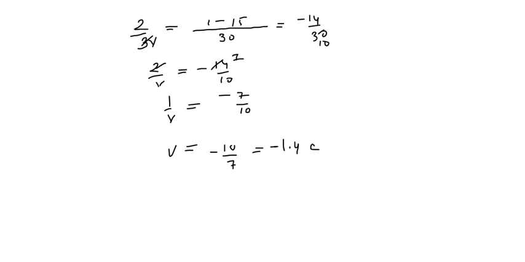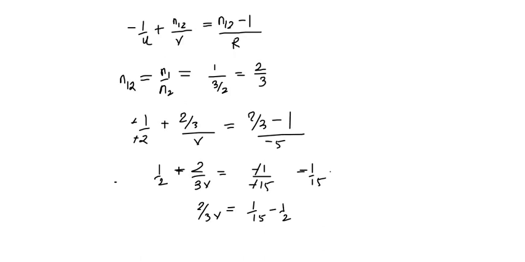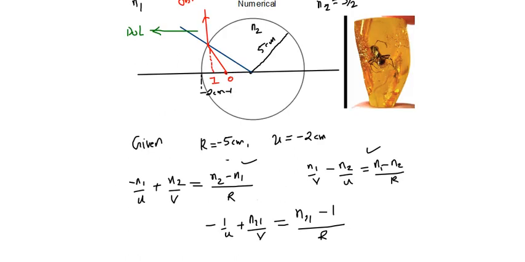Let us go back to the diagram now. So this distance is how much? Yes, we are right. Our maths is extremely correct. This is minus 1.4 centimeter. If our maths was wrong, we would have got this plus. Correct?